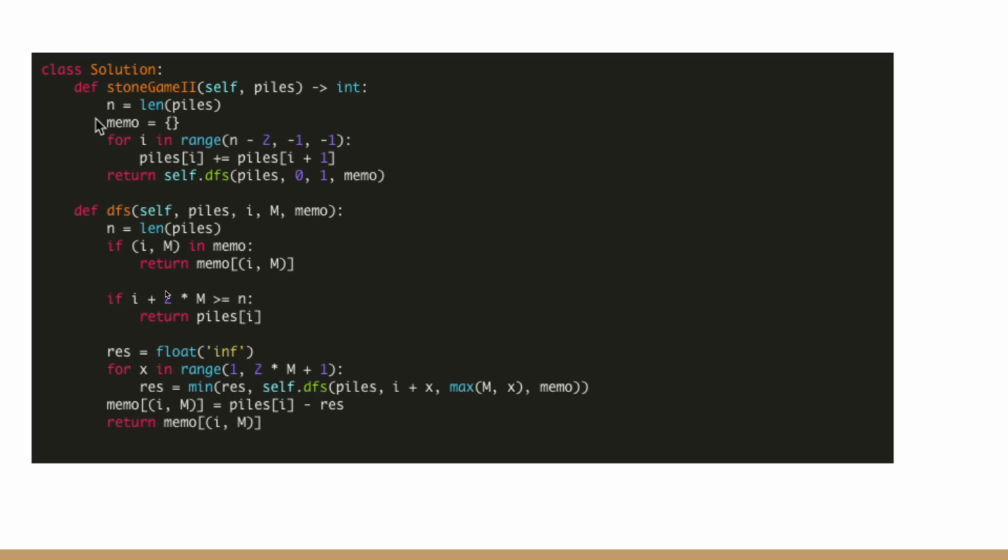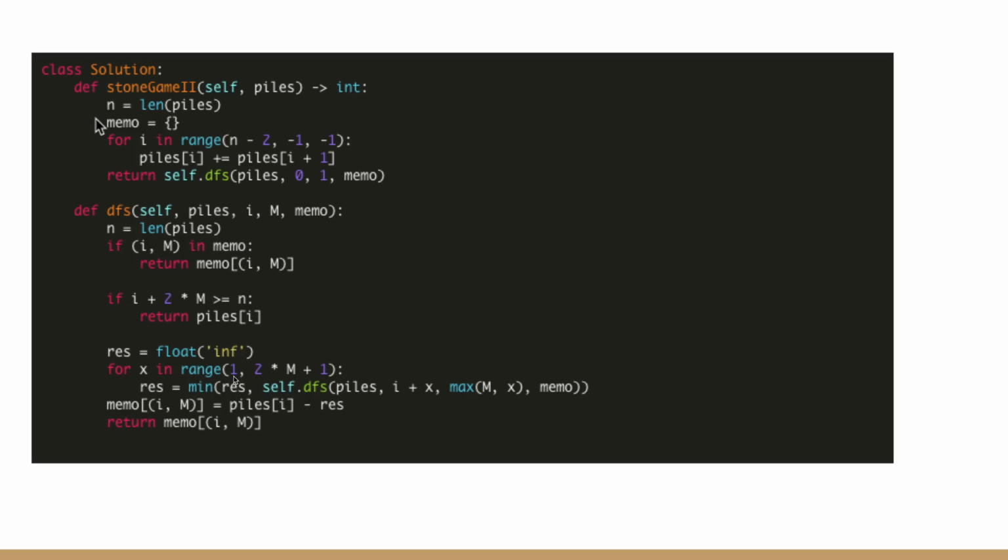That means you can pick all the stones in one shot. In this case, don't hesitate. Just take everything. You can take all the stones. And that's the base case. So now we understand the base case. Let's go into the key part, which is the recursive function.